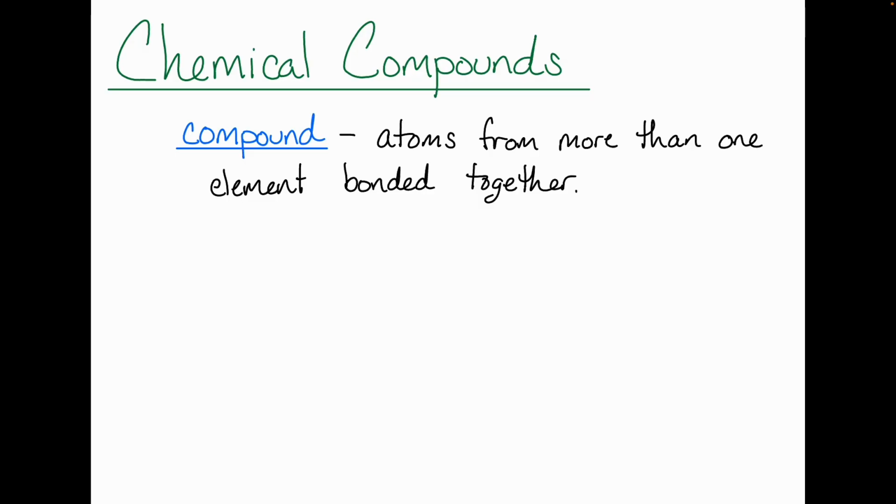Again, we're taking an atom from one element and bonding it, sticking it with an atom from another element, forming a chemical compound. And this keyword here, bonded together, is what we refer to when atoms are forced together.